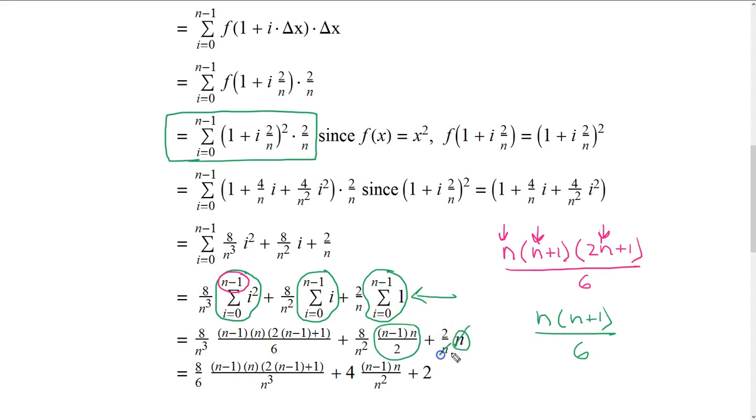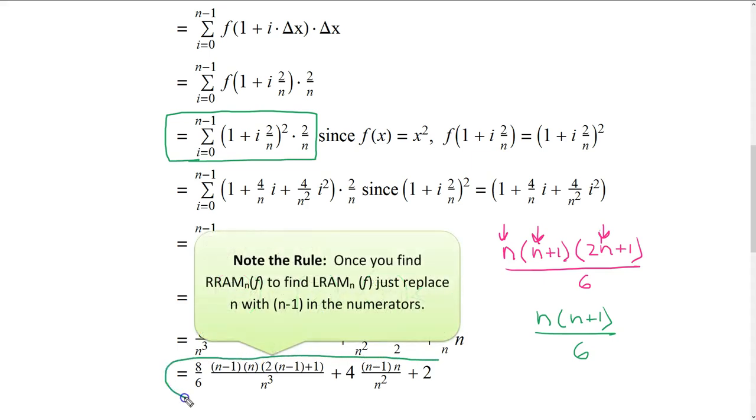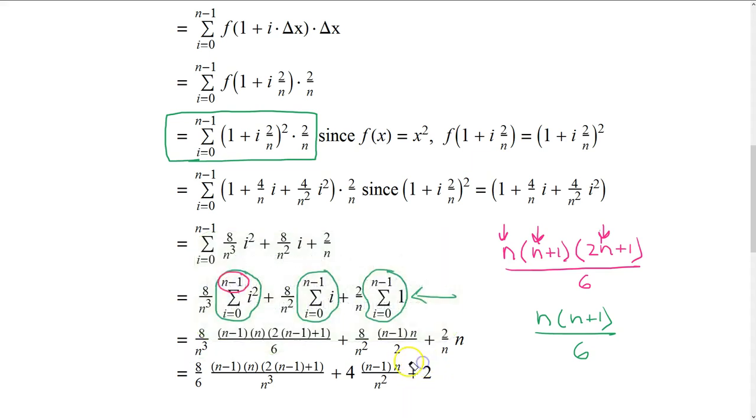Now those n's cancel, and we end up with this. So we end up with this formula down here. And let's see what happens as we let n go to infinity. Let's just make sure that we still get 8.67. So let me scroll down here.